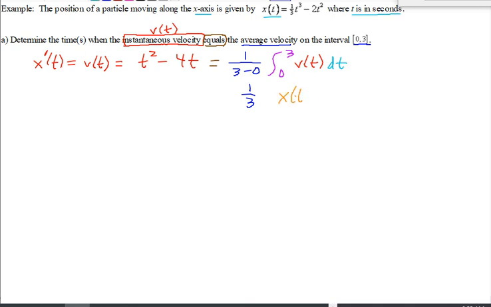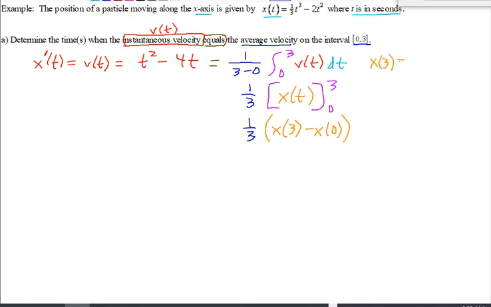So that's just going to be x of t from 0 to 3. And then you can substitute those in. So you get x of 3 minus x of 0. And let's calculate what x of 3 is here off to the side.